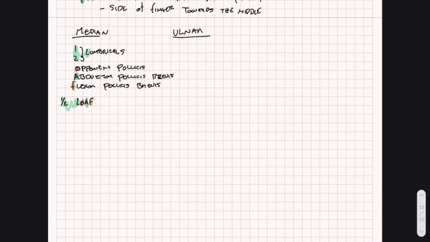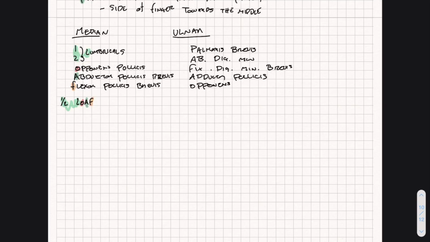The ulnar innervates everything else. So that means it's the palmaris brevis, abductor digiti minimi, flexor digiti minimi brevis, adductor pollicis, opponens digiti minimi, and then it innervates your third and your fourth lumbricals.